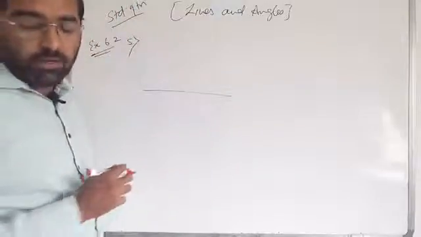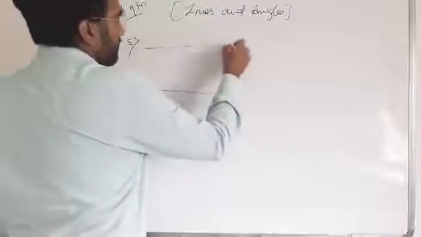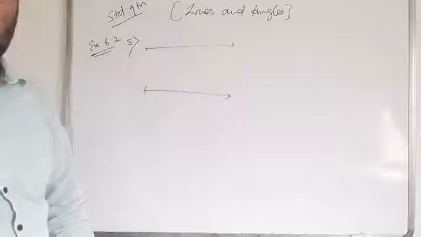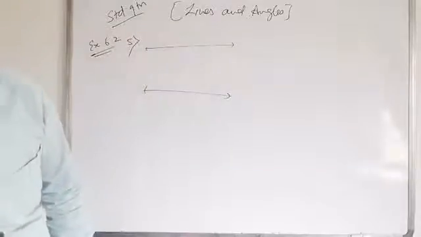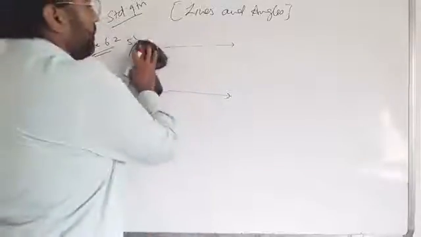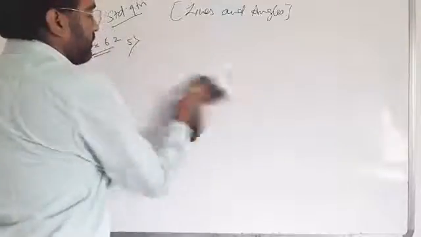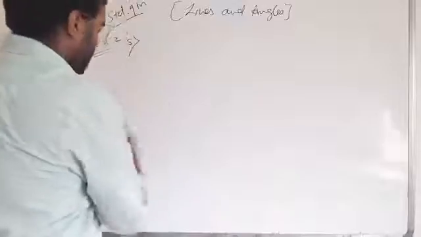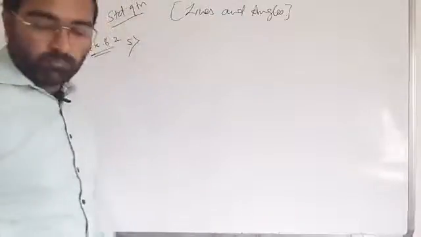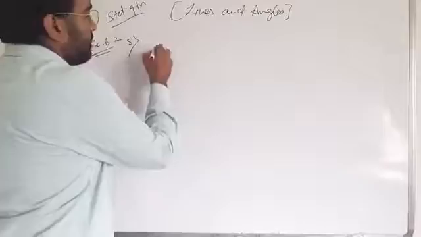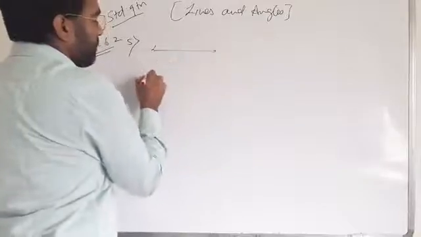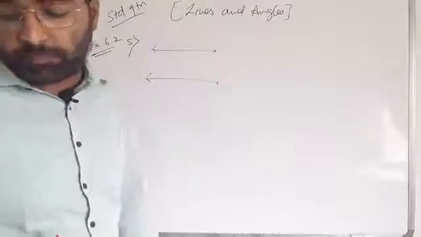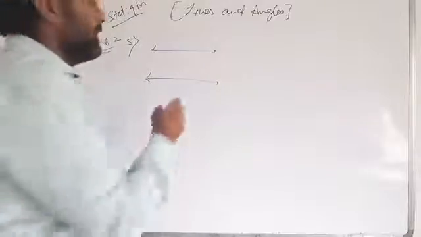The figure is given like this. Here the two parallel lines are given, that are AB and CD.